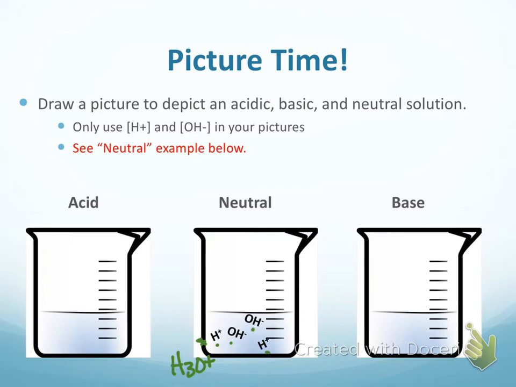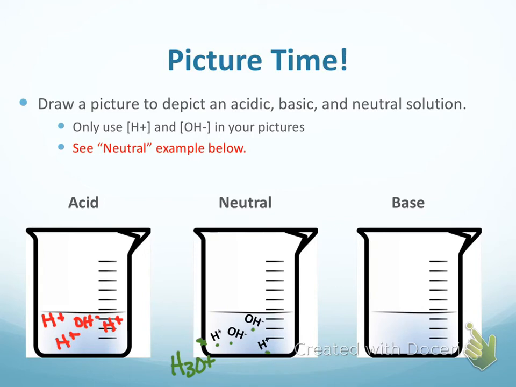Take a look at the acid now. In an acid, we're going to have more hydrogen, right? More hydronium. So if I was trying to visualize this, I might have, right, instead of 2 hydrogens and 2 hydroxides, I might have 3 hydrogen ions and 1 hydroxide. It's not to say that there's no hydroxide, but there's just much less now.